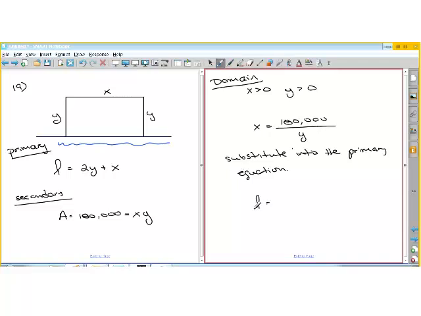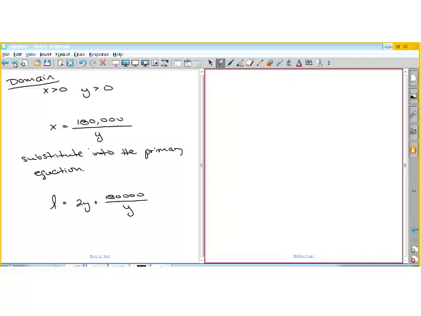So we get L is equal to 2y plus 180,000 divided by y. Okay. So now it's just in terms of y.